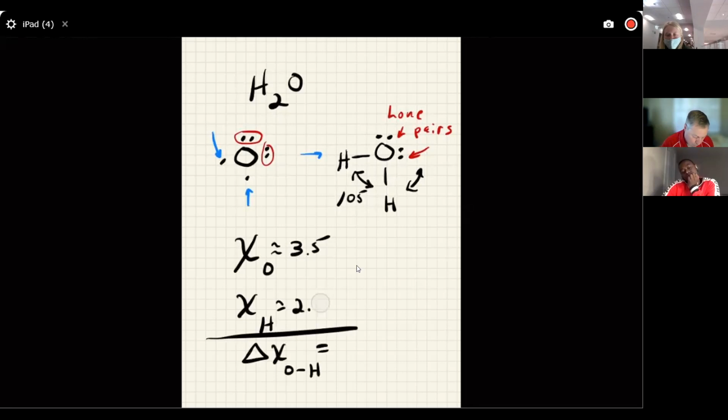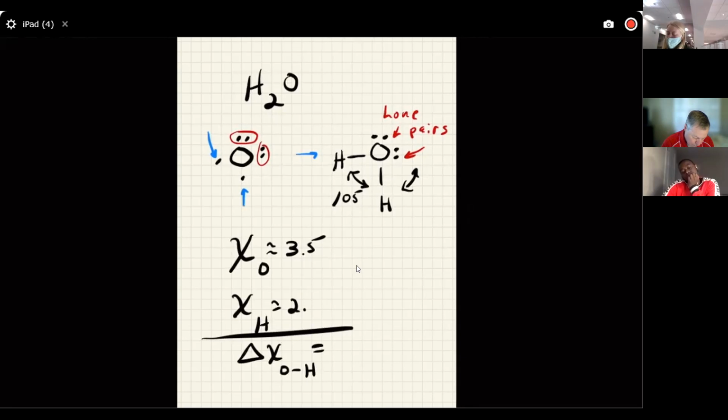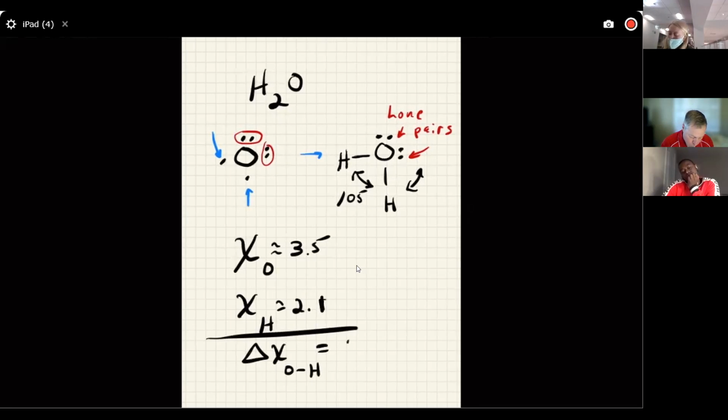Messed that up, 2.1. Is 1.4. Huge, huge delta chi. That means the charges are massive in this molecule.